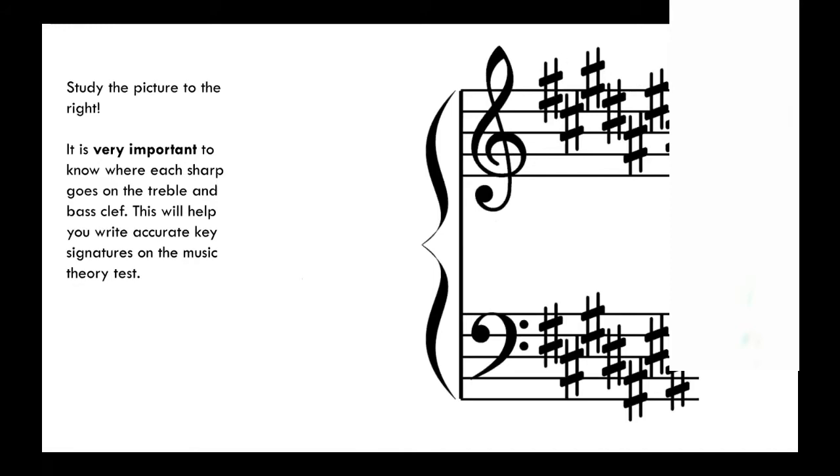Some common mistakes people make are that they write this G sharp down here instead, or they write the A sharp up there. Same for the bass clef, just make sure you know which sharp is going higher and which one is going lower, and practice to memorize that so that when you're writing the sharps on the bass and treble clef, you know the order that they go.